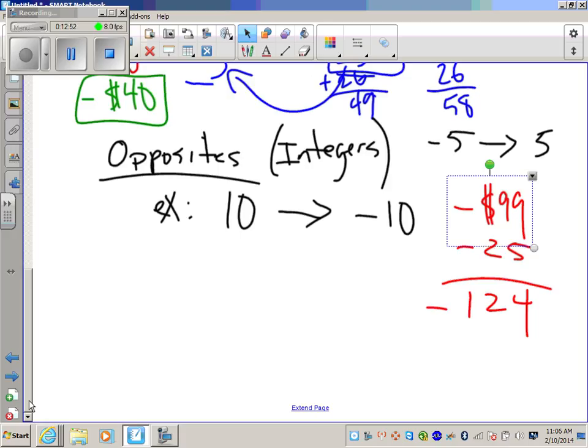Doesn't have an opposite, right? It is an integer, but it really doesn't have an opposite. It's not positive or negative. It's just 0. Okay. So you get the point there. You get the idea?